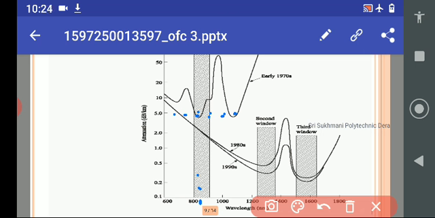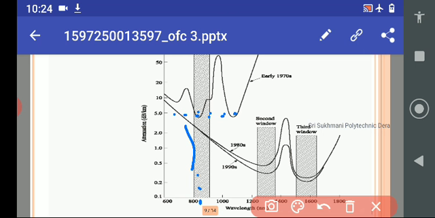and it operates at a centralized wavelength of around 1310 nanometers, having a different wavelength range. So at 1330 nanometers the second window is giving minimum attenuation, having a value of around 0.5 dB per kilometer.